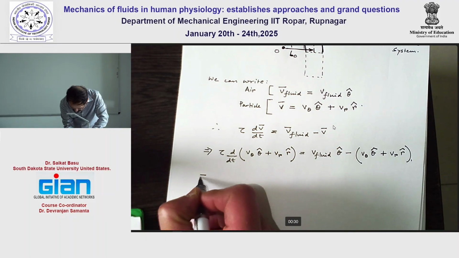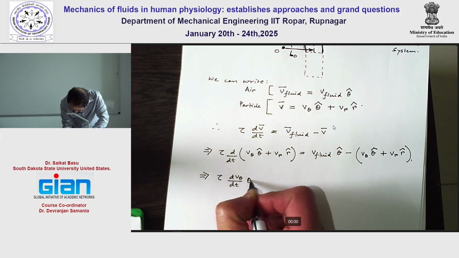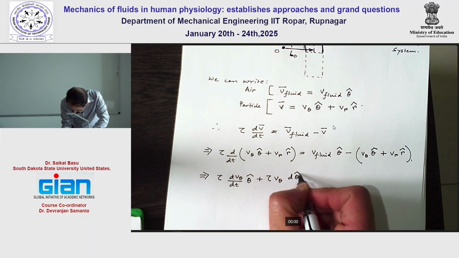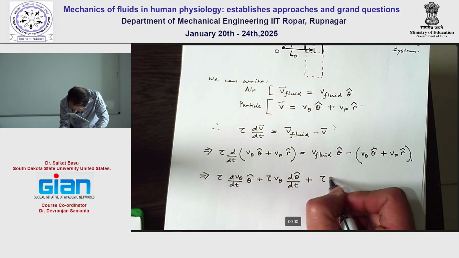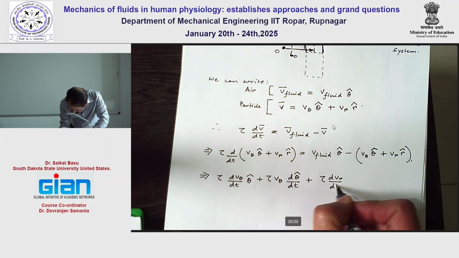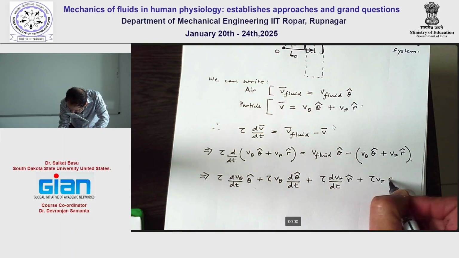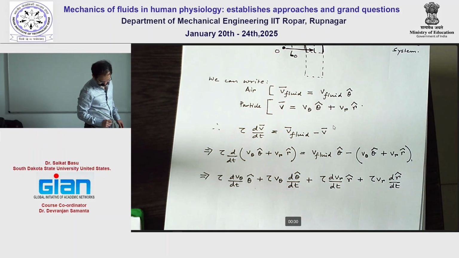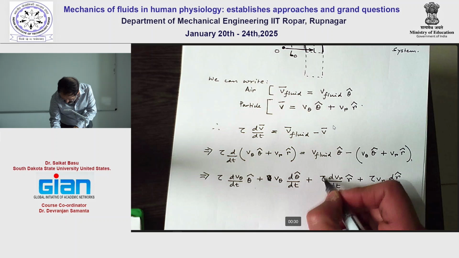So tau dv theta dt times the theta unit vector plus tau v theta d of the theta unit vector dt, plus tau dvr dt times the unit vector r plus tau vr d of the unit vector r dt, right? I could have taken tau out, so let's take that.